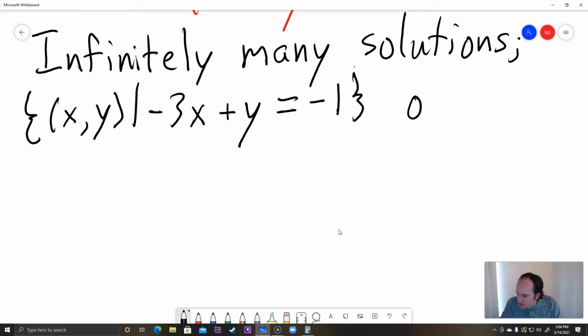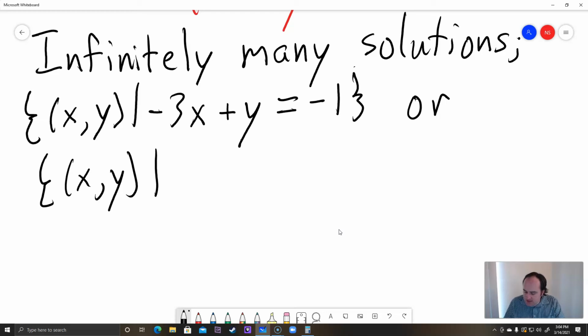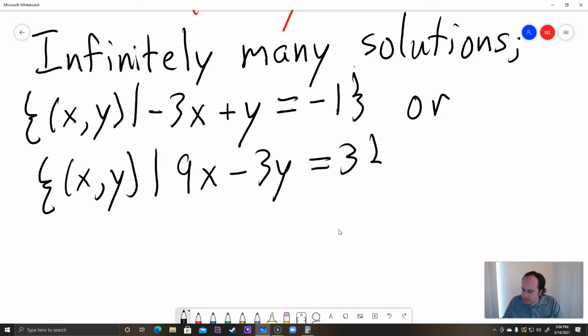And then the other set builder notation is going to be the set of all x comma y such that the other equation is true. And remember, in this problem, our other equation was 9x minus 3y equals 3.